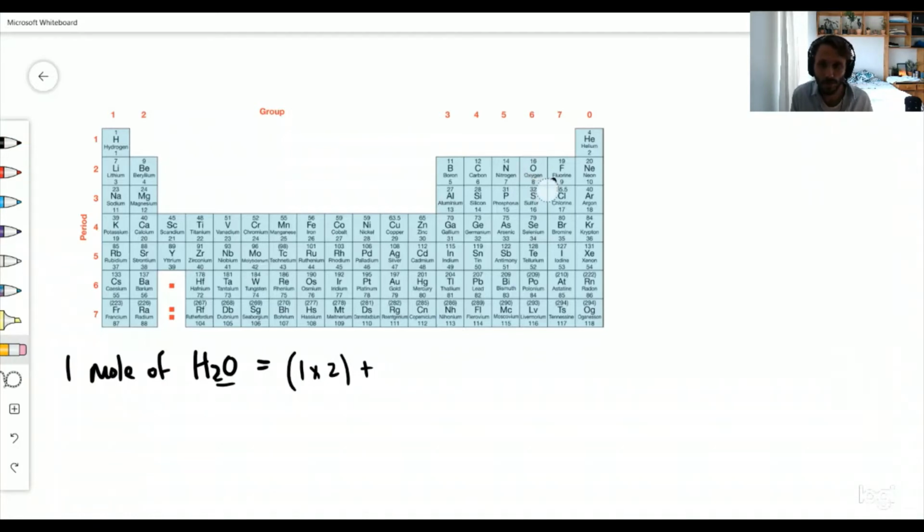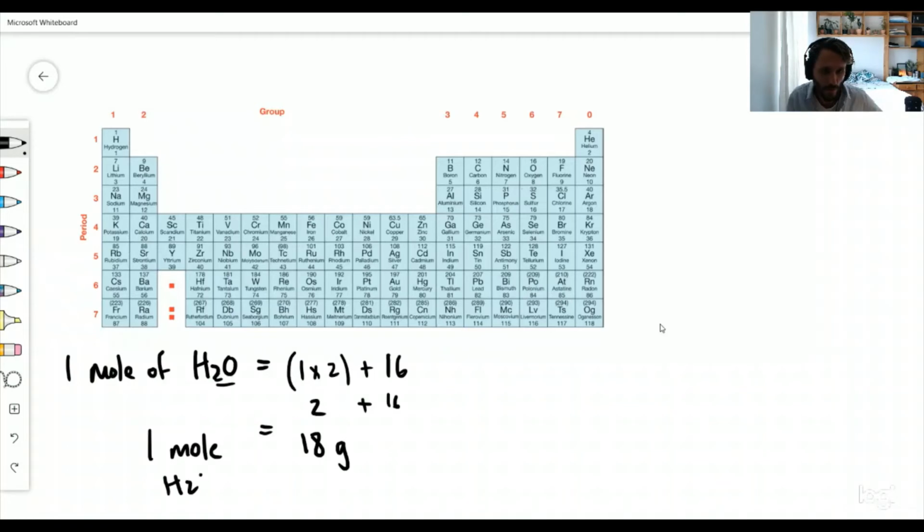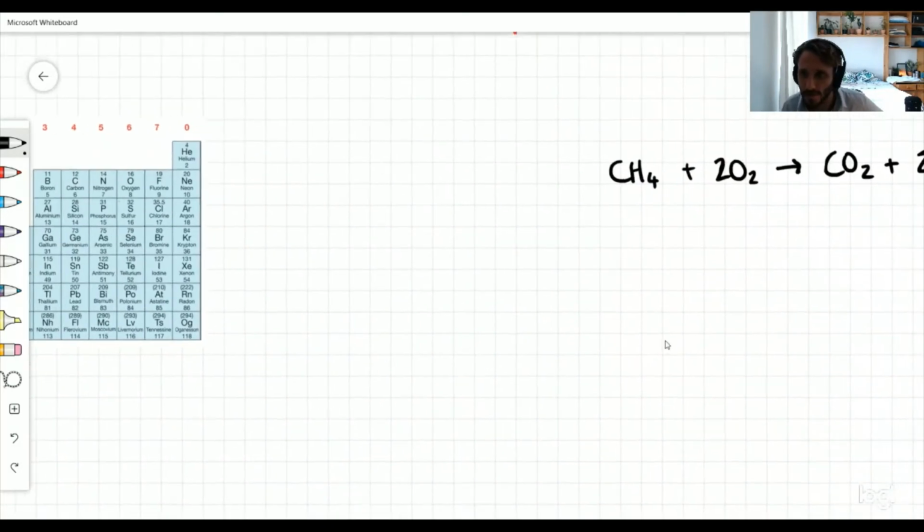Whoopsie, let's get rid of that. 16. Okay, so plus 16. So for 1 mole of H2O, the relative formula mass would be 1 times 2 is 2, plus 16 would be 18 grams. So 1 mole of H2O weighs 18 grams. Now what about the other side of things?